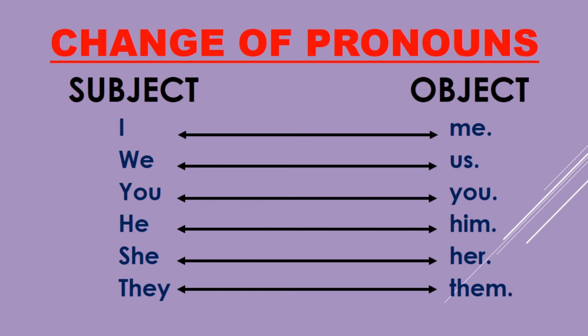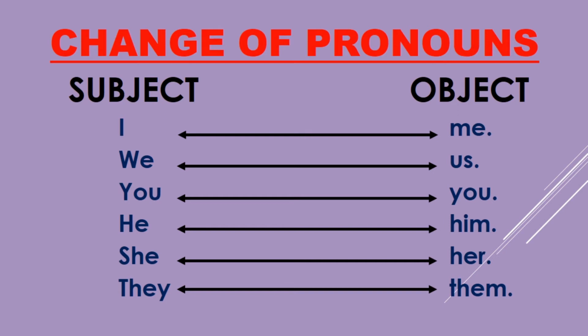Now here we need to remember one more important thing, that we cannot transform every sentence into passive. What I mean to say, students, as we have already discussed in our previous classes, is that we have three tenses: the present tense, the past tense and the future tense. And we also know that each of the tenses has four forms.